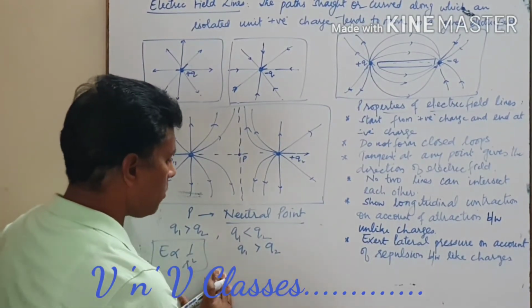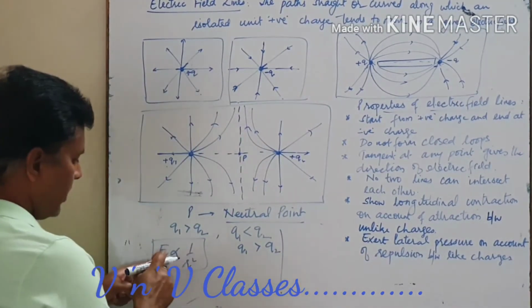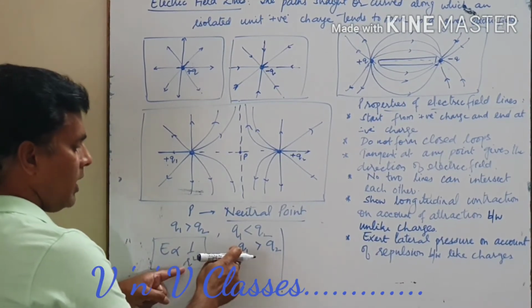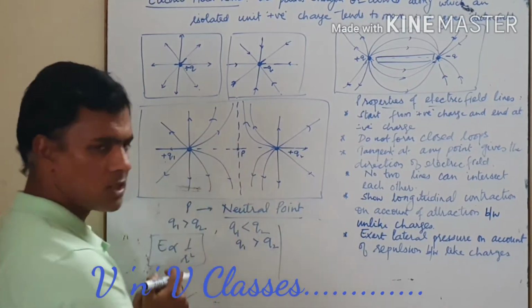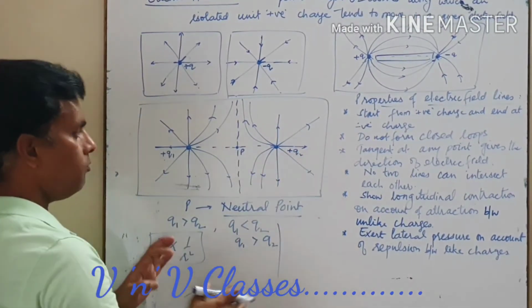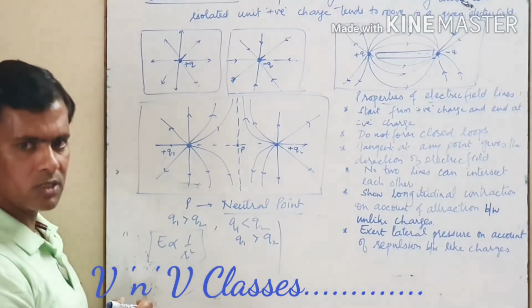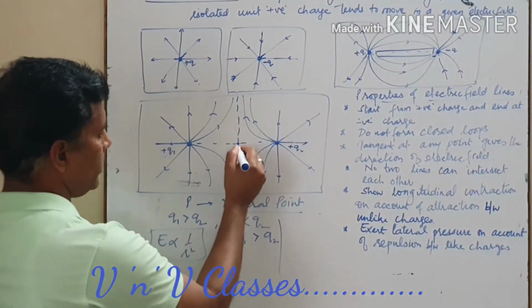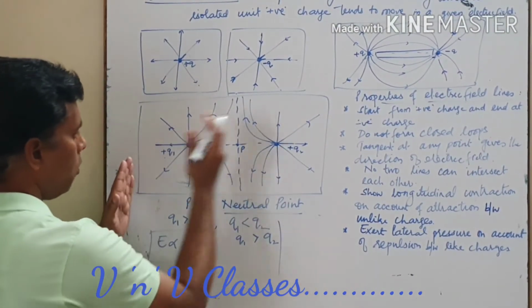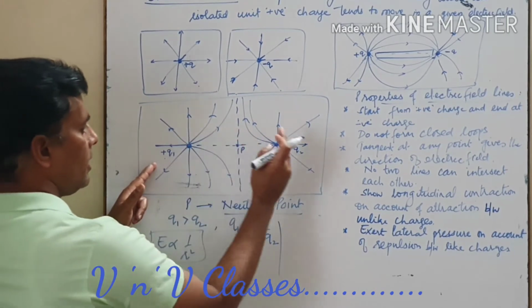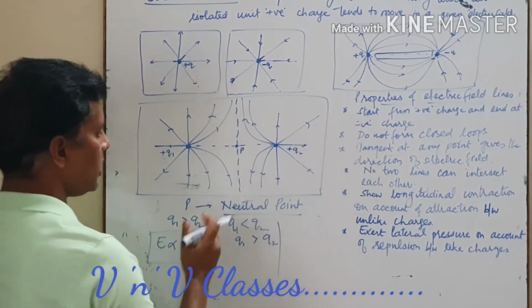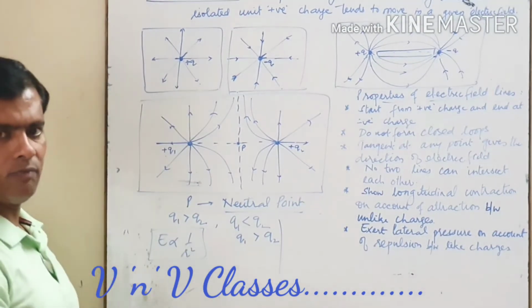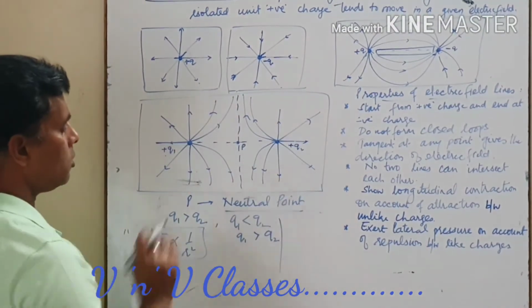A greater charge will have lesser field at the farther distance, and the smaller charge will have more field at the nearer distance. So both the fields become equal at a certain point, more distant from q1 and less distant from q2. So the neutral point is closer to the lesser charge and farther from the bigger charge. So this is the concept.